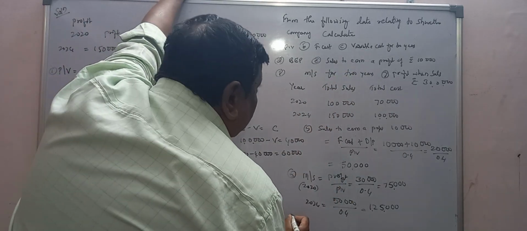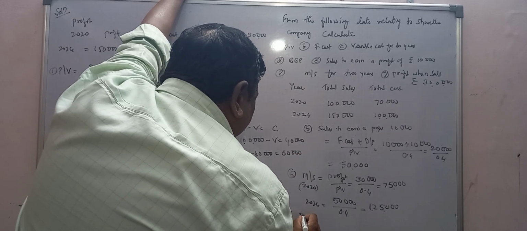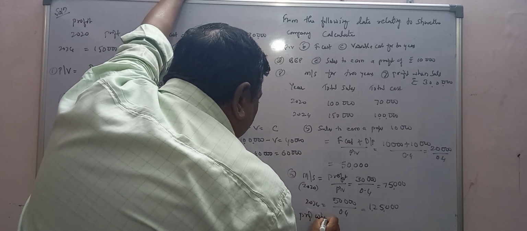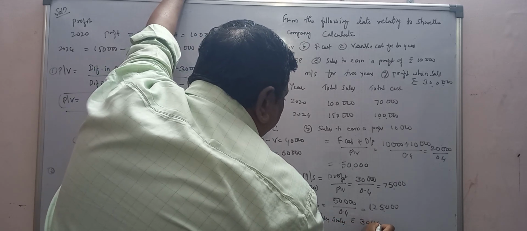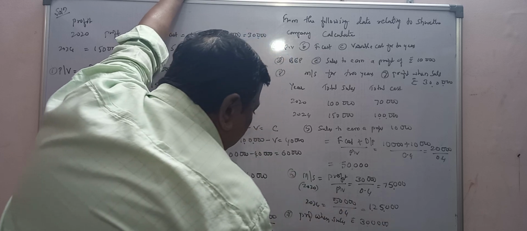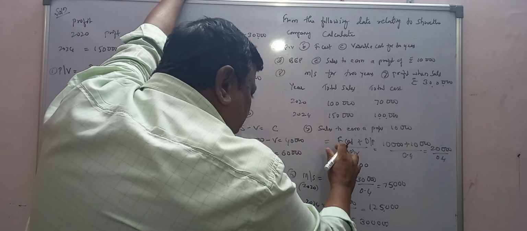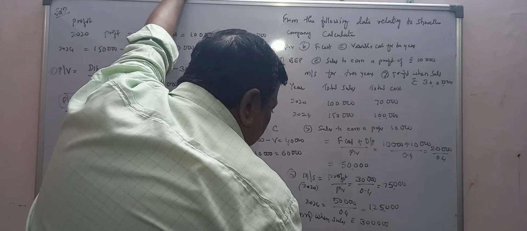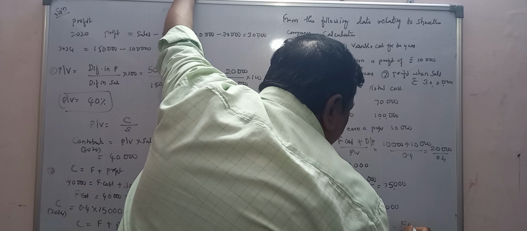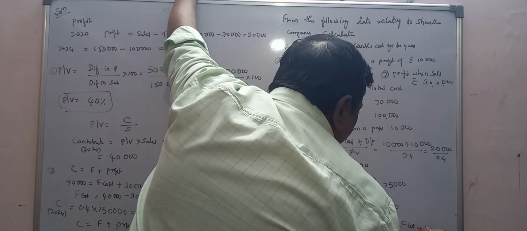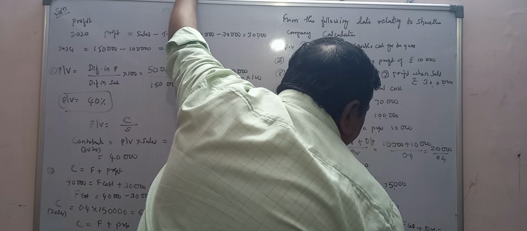7th one: profit when sales are rupees 3 lakh. So we know sales, how much? 3 lakh. Same formula. Sales equals fixed cost plus profit, divided by PV, right?